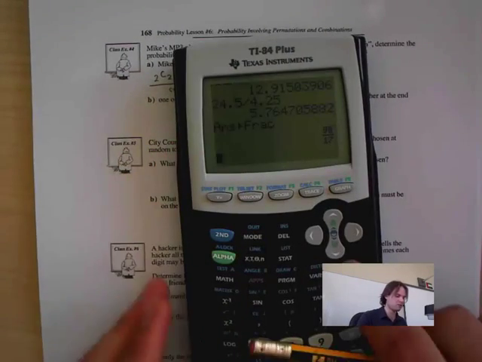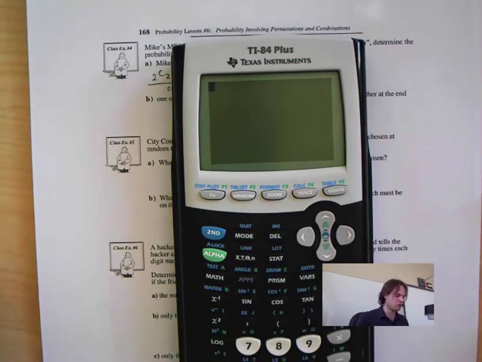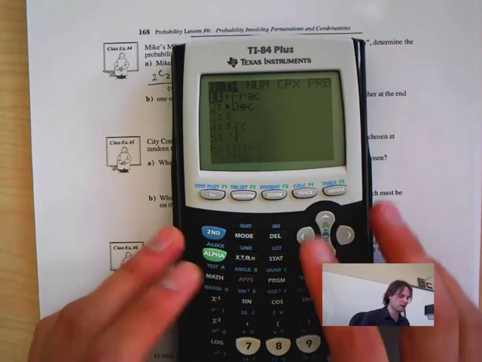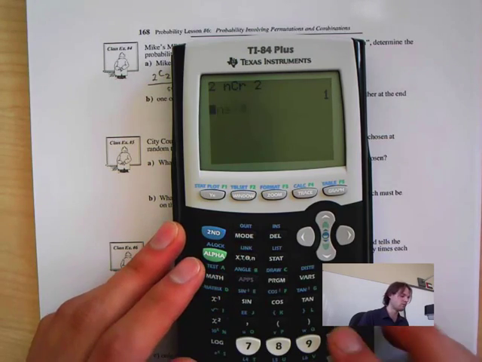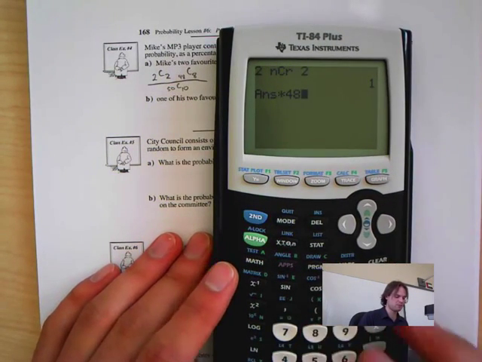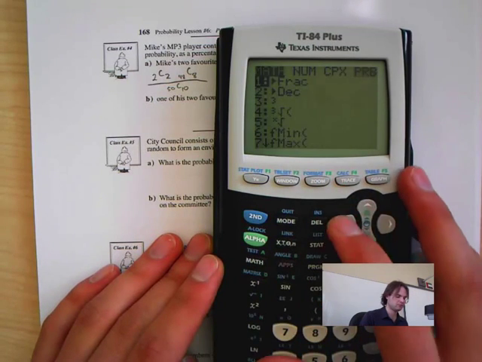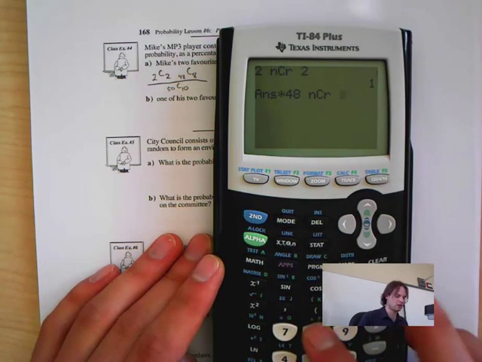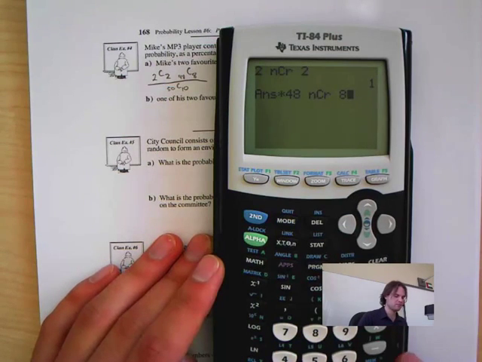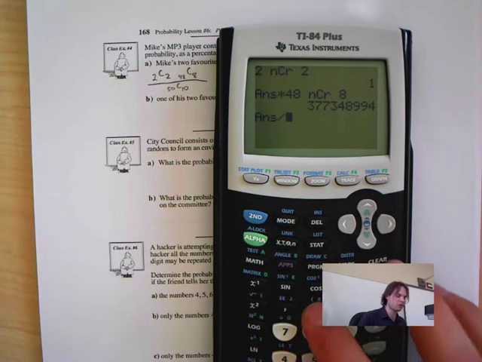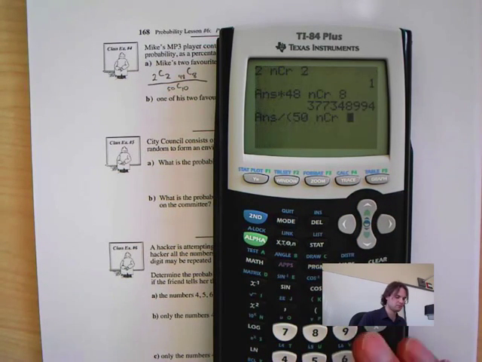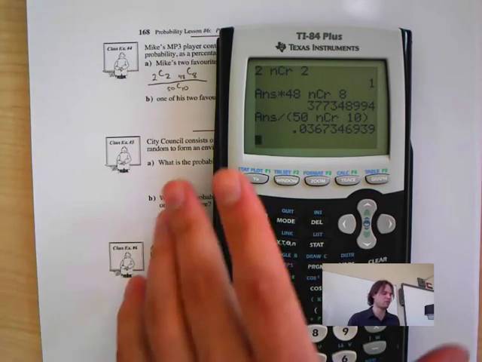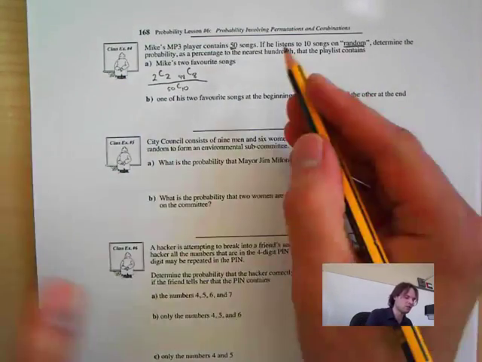So it's 2 math, choose 2, which is 1, multiplied by 48, choose 8. So that's that, and we're going to divide that all by 50, choose 10. Which gives me 0.367.